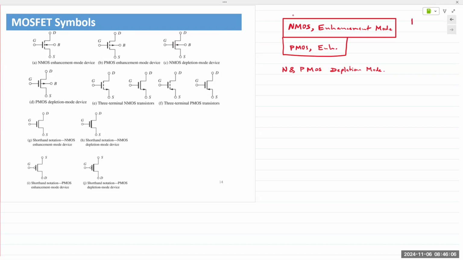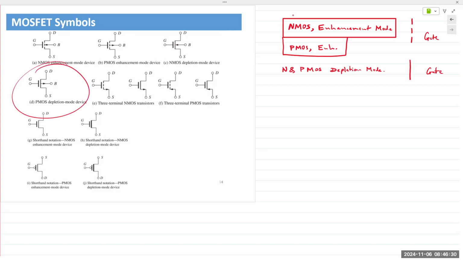Okay. And the depletion and the enhancement mode, you have 3 lines for enhancement mode, versus for depletion, it's a single line indicating the gate. And you can see that, let's see, where is it?